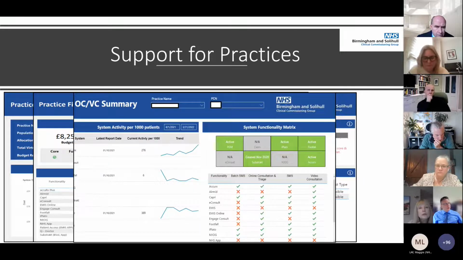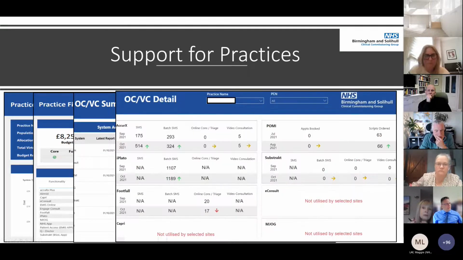But then also looking at their usage. So are they actually using the products that they're paying for? That goes to a fair level of detail if needed.